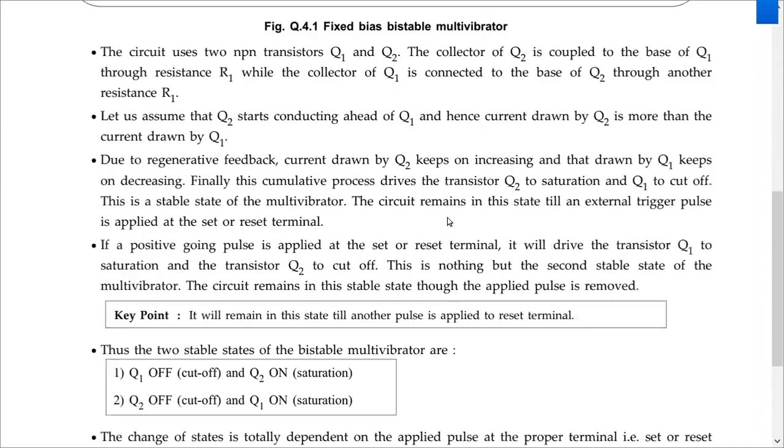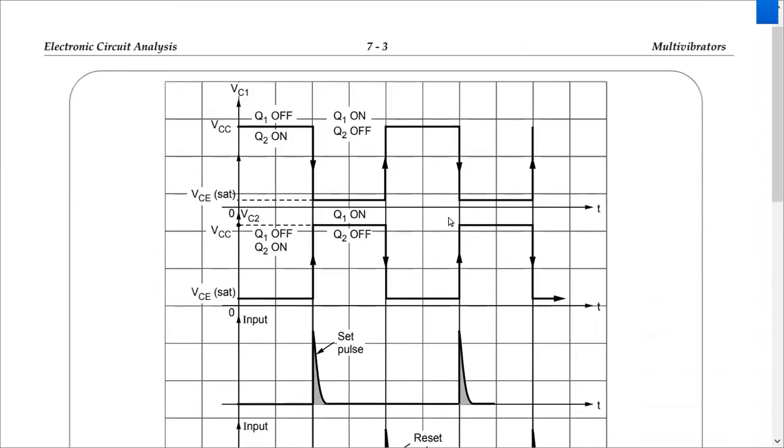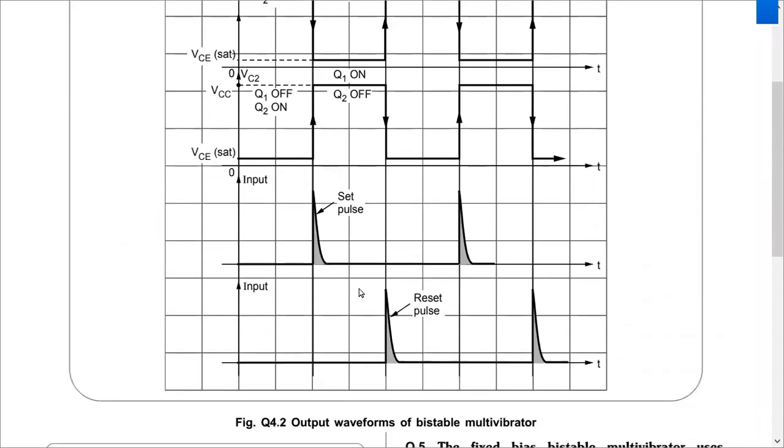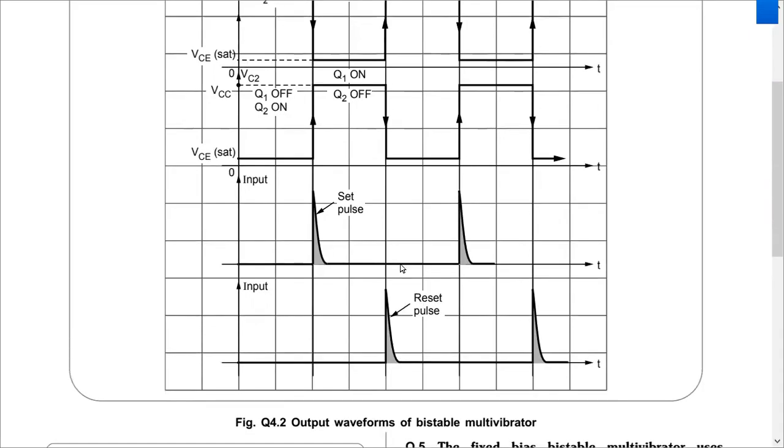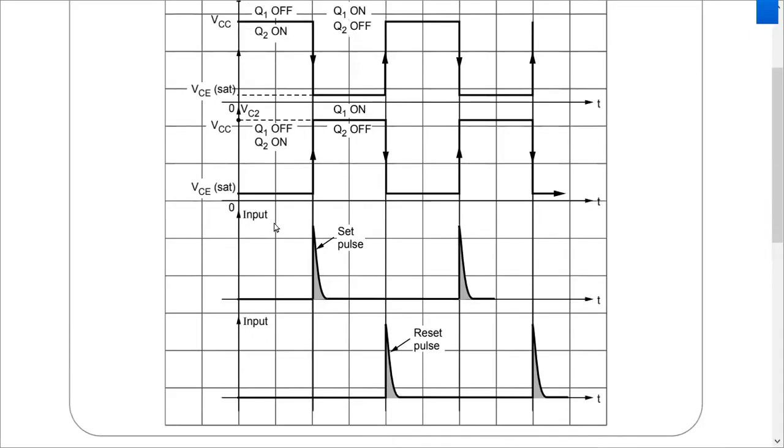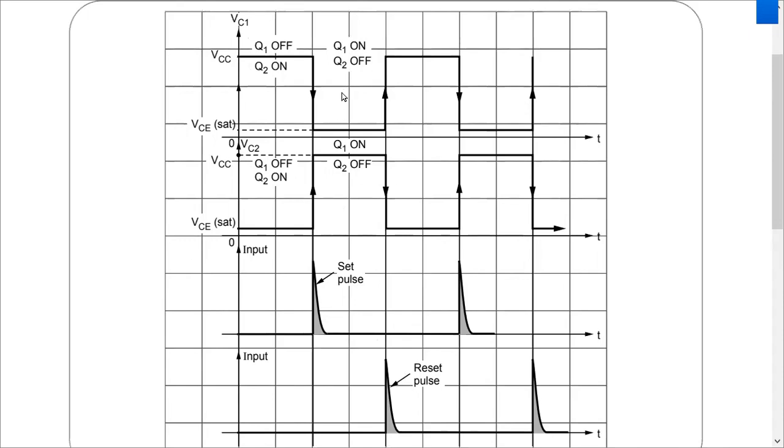So that is the reason for the third duration we are giving the reset pulse. First duration, no pulse, automatic, depending on the properties of the components. Next we are giving the set pulse to change the states.